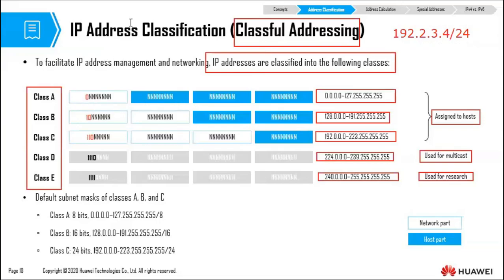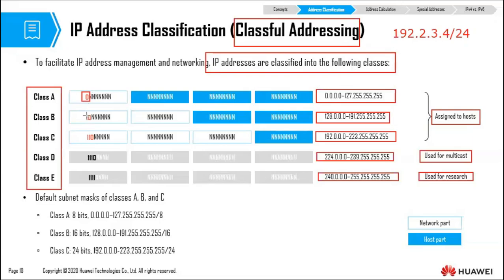Normally, with class A, the very first bit has to be a 0. So if you convert and the very first bit is 0, it's in class A. Are we together?